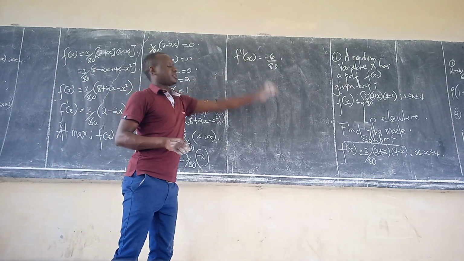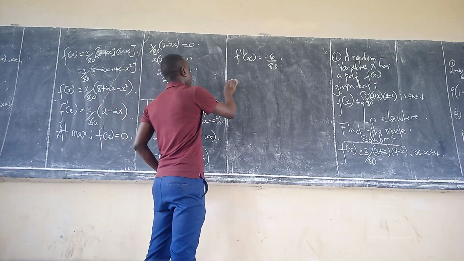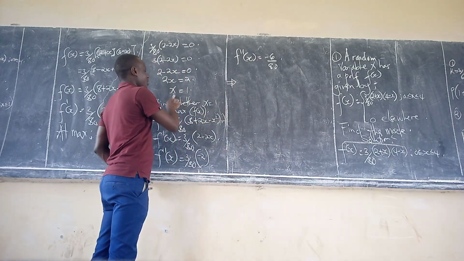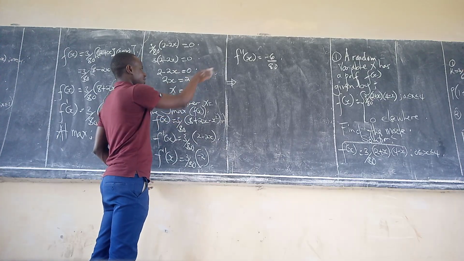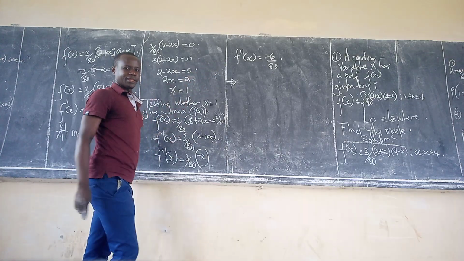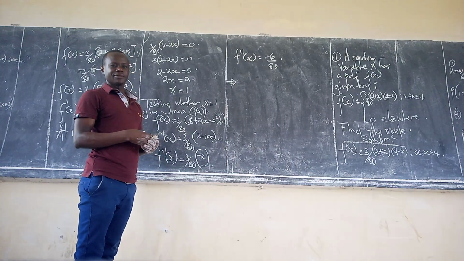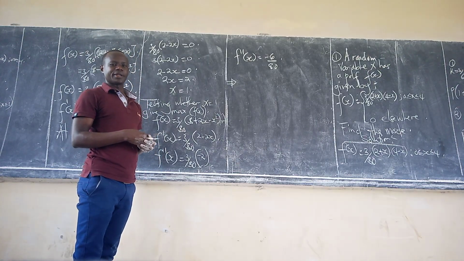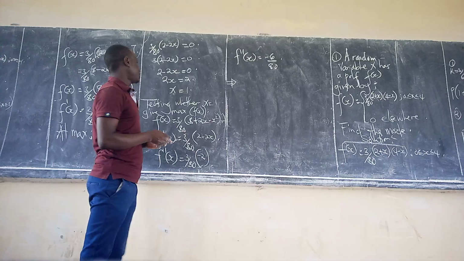So having gotten the second derivative, because I want to check whether this can give the maximum value, I now take the value of x and substitute it in the second derivative. And if the result is negative, then our x value gives the maximum value of f of x, and therefore it is the mode.